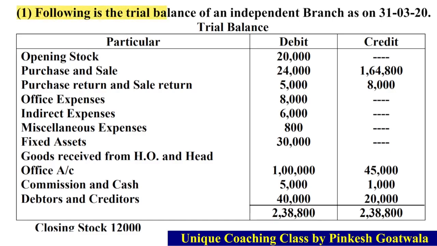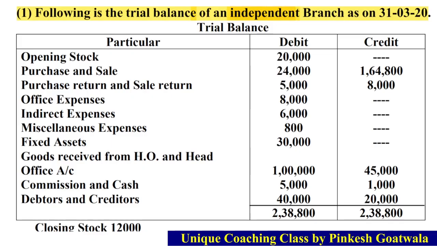Following is the trial balance of an independent branch as on 31st March 20. Here it is clearly told, independent branch. Its trial balance is given. Look at the trial balance.